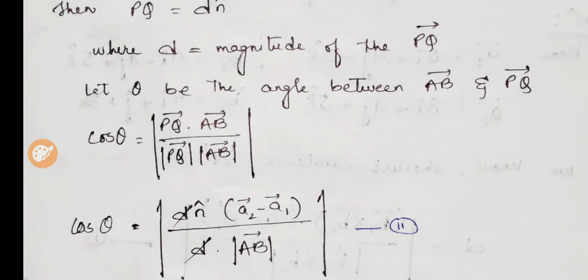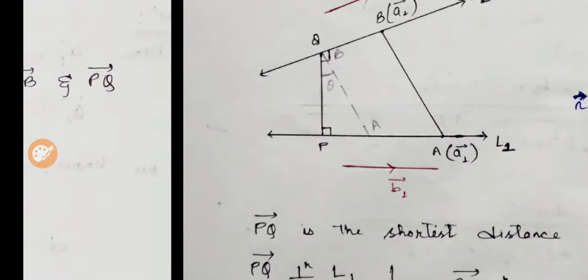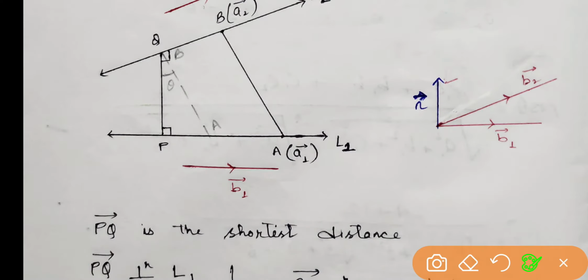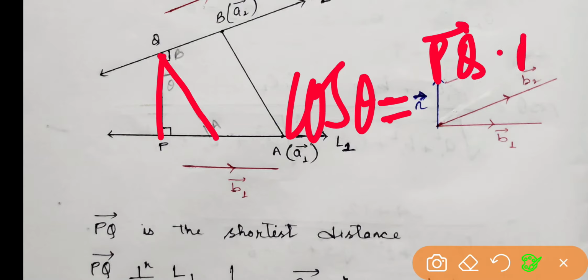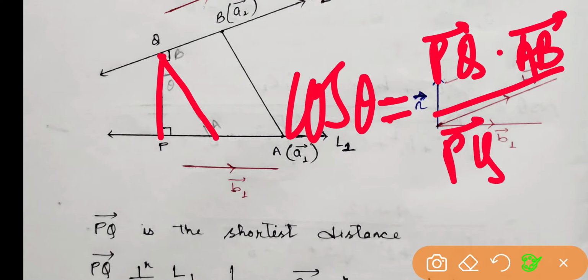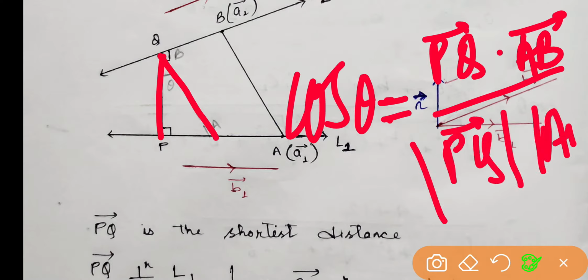Now look here. I find this theta between them. If I have two vectors PQ and AB, what will cos theta be? If we want to find the angle between two vectors, we use the dot product. So cos theta is PQ dot AB by modulus of PQ times modulus of AB, right?